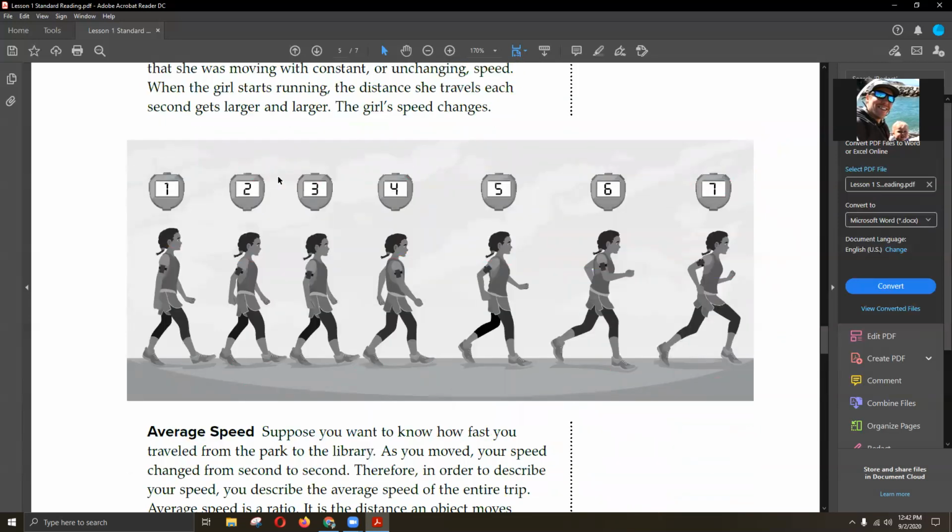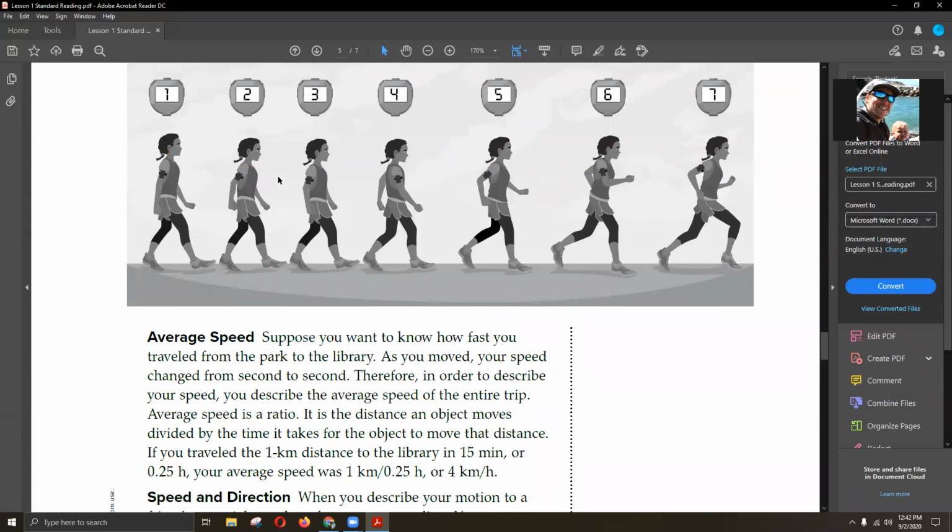For the last part of this video, I just want to go over how you would calculate speed. How do you figure out your average speed? When I said 65 miles per hour, how do we calculate that? How do we do the math? Suppose you want to know how fast you traveled from the park to the library. There is a park with some trees, and you want to travel from there to the library.